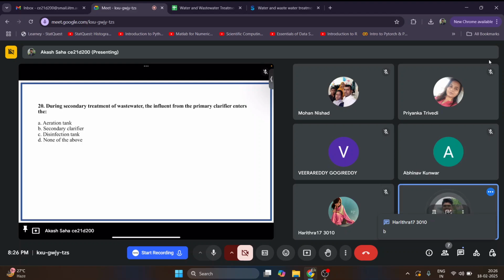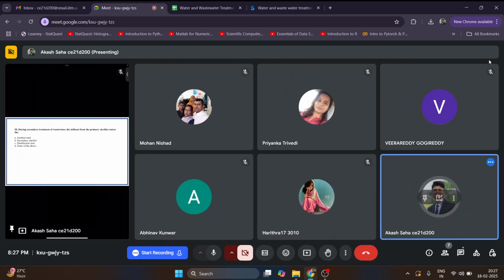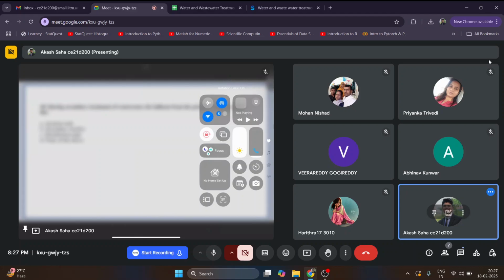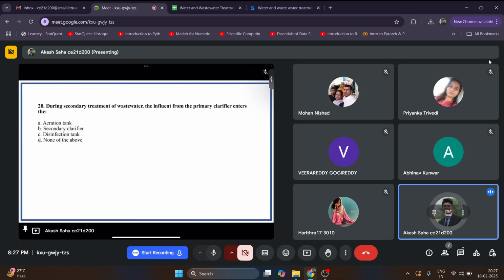From the primary clarifier, it will go for secondary treatment. That is correct. But does it go directly from the primary clarifier to the secondary clarifier? In between, one more unit is there, right? So think in that aspect. After the primary clarifier, it will enter the secondary treatment.